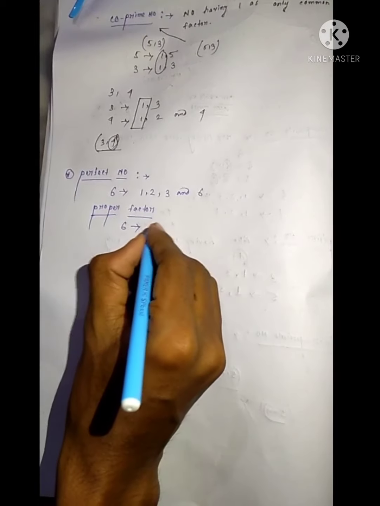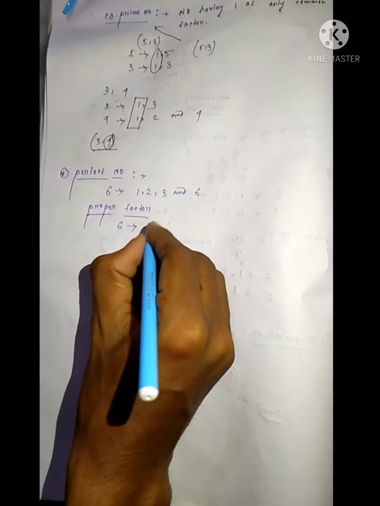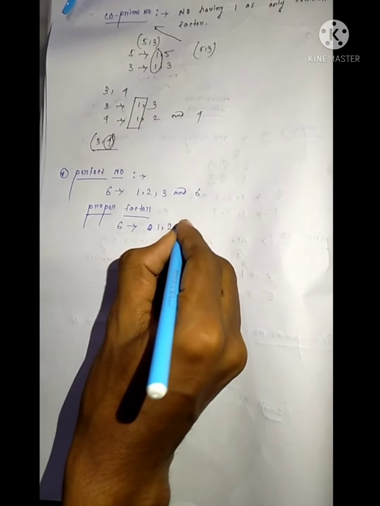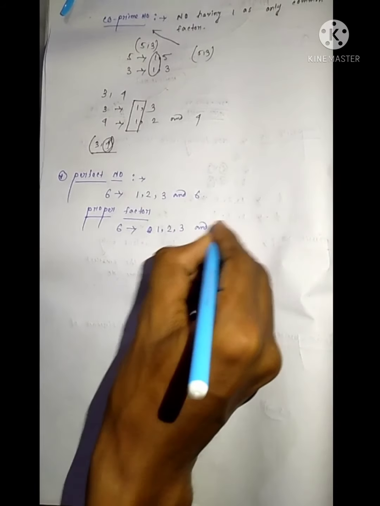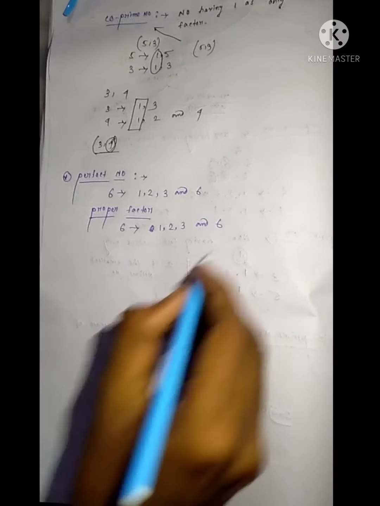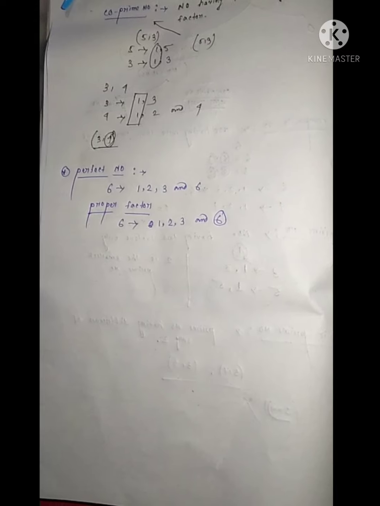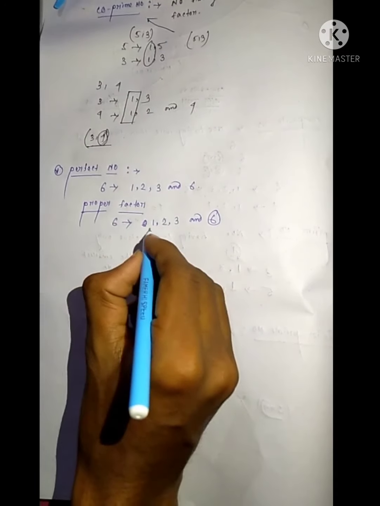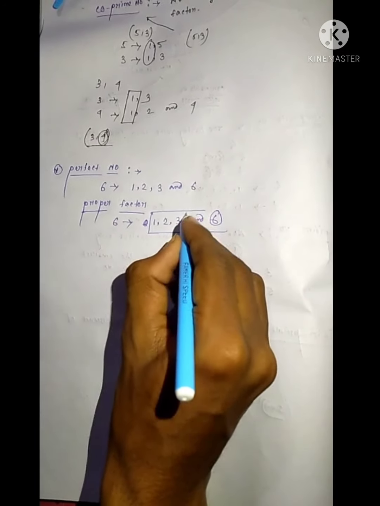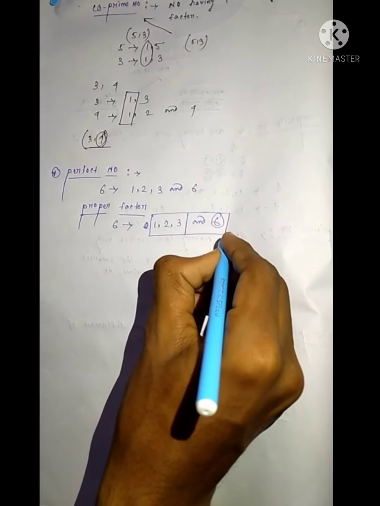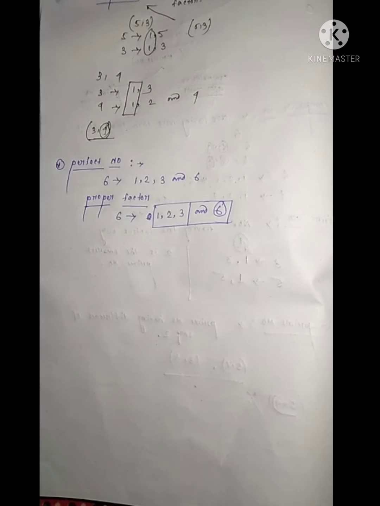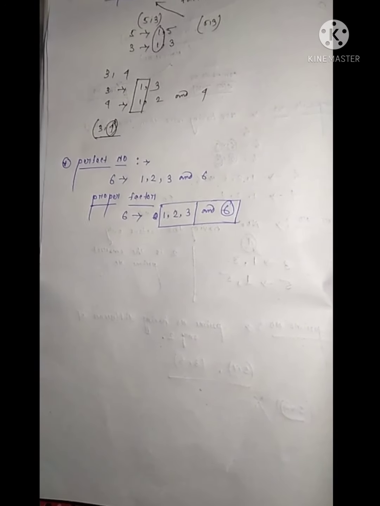I have already said that the factors of 6 are 1, 2, 3 and 6. If we remove this 6 from the factors of 6, then the remaining numbers are the proper factors of 6.